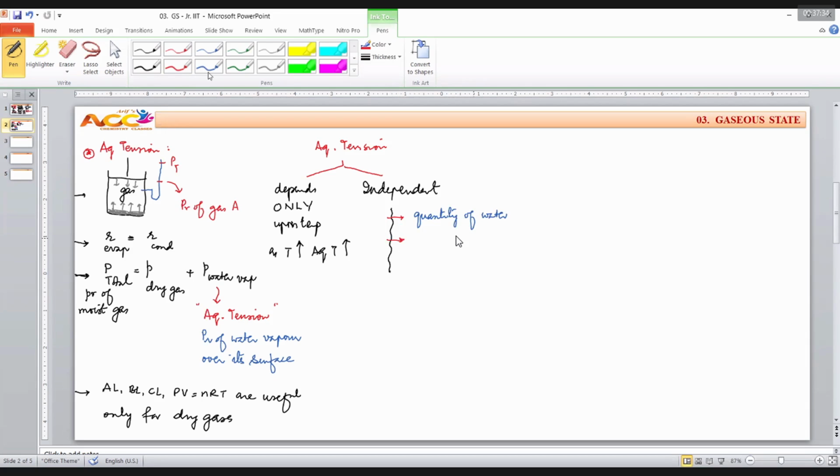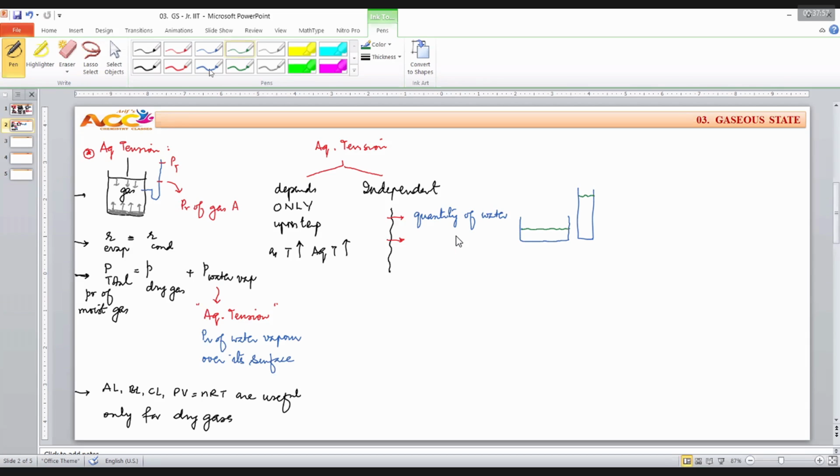Okay. Next, that fellow will ask you a question, beta, whether it depends upon surface area. You said, no, I don't know. Tell me first of all, what is surface area? The examiner shows you this figure. Beta, surface area means water is taken in this container and water is taken in this container. If water is available here like this and here like this, then what happens to aqueous tension?